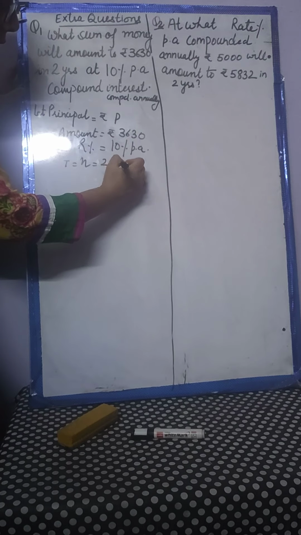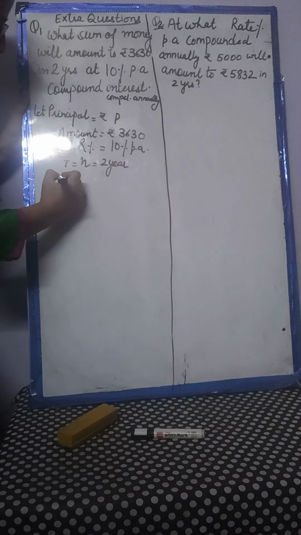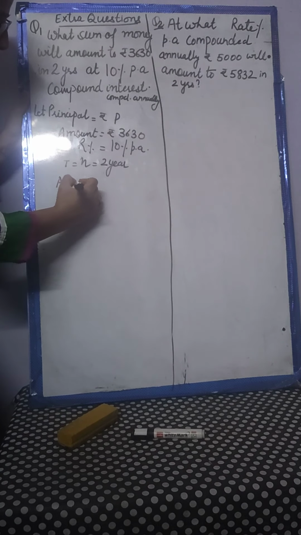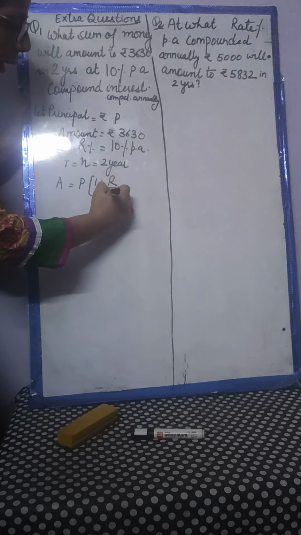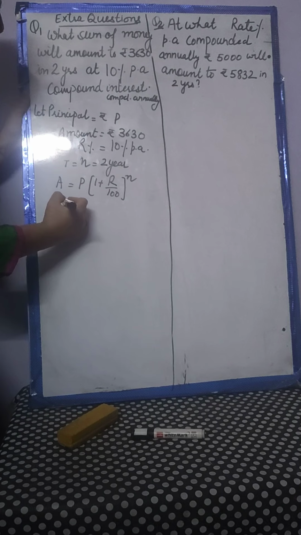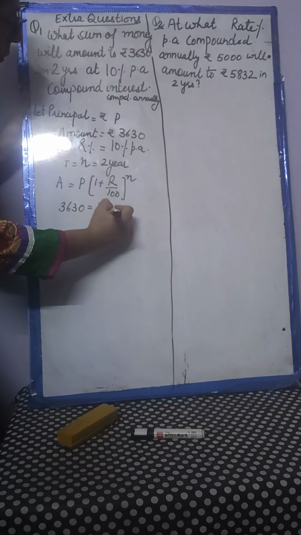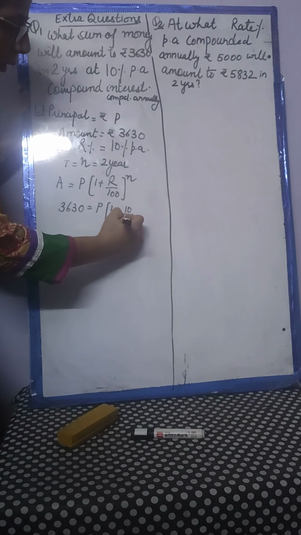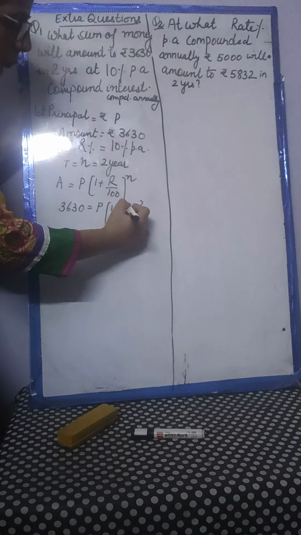Why are time and n the same? Because it is compounded annually. So putting values in the formula, A is equal to P into 1 plus R by 100 raised to power n. Putting values here, 3630 is equal to P into 1 plus 10 by 100 whole raised to power 2.